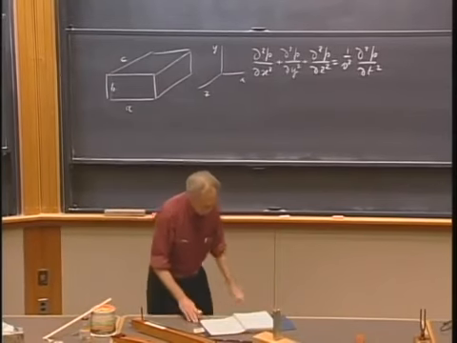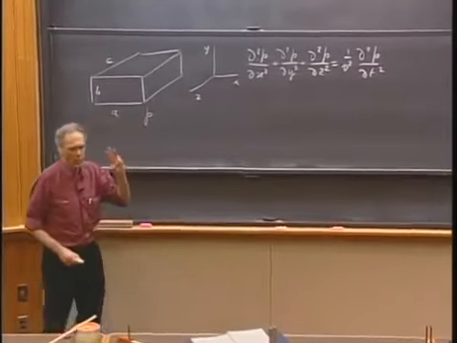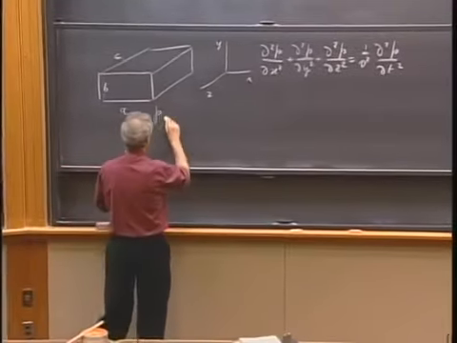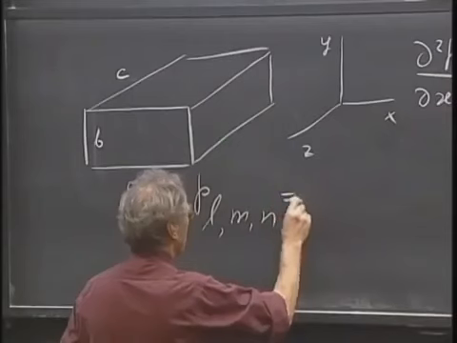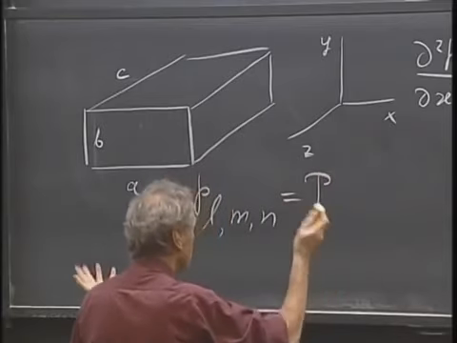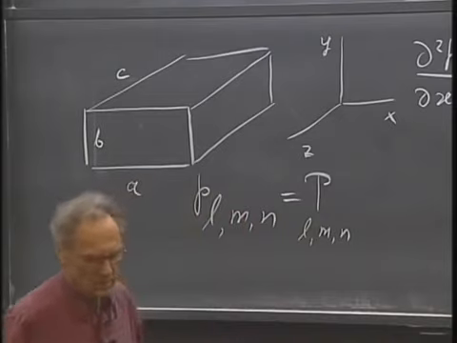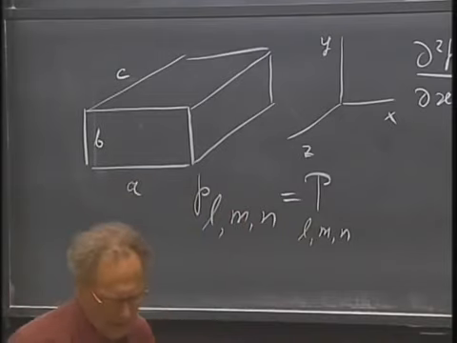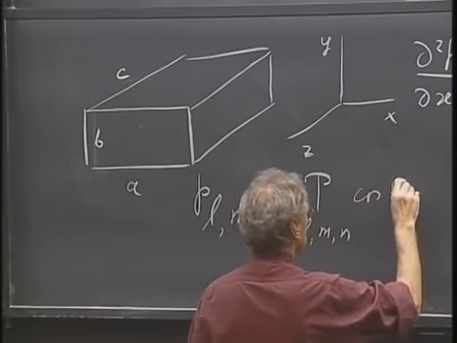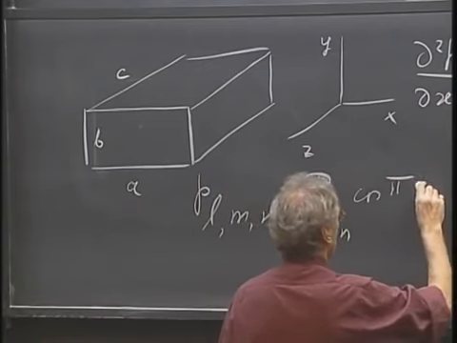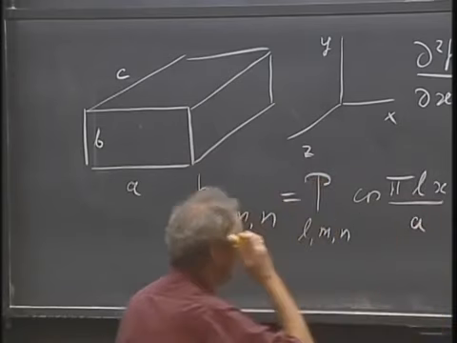And so the solution for the pressure, in terms now of 3 quantum numbers, L as in lion, M as in Mary, N as in Nancy, is some kind of an amplitude which can be chosen differently for the different modes. So I give them the index LMN, and then you get the cosine of pi times L times x divided by a, which is my L of x.